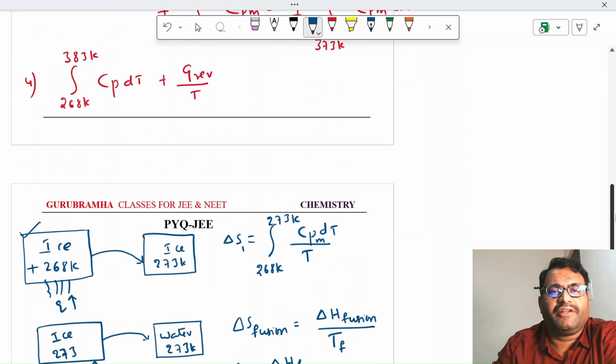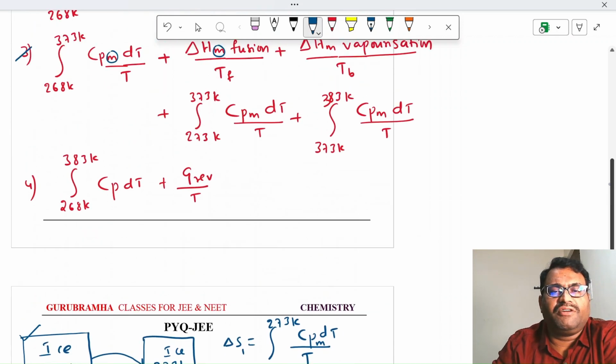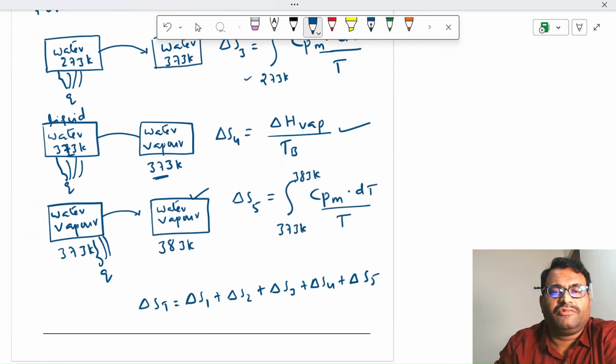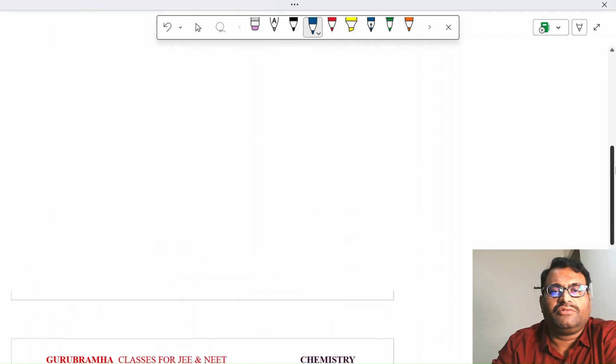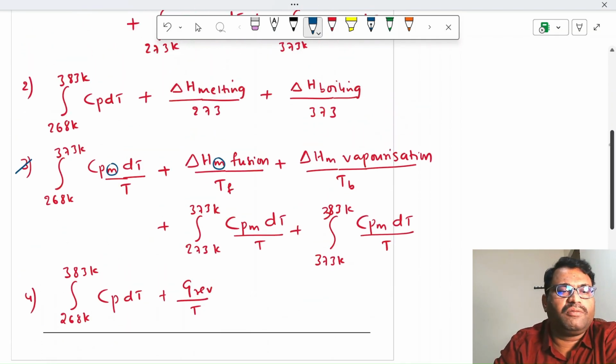Next, 373 to 383 Cp_m dT by T. The last one is 373 to 383 Cp_m dT by T. So what is the answer? The third option will be the correct answer.